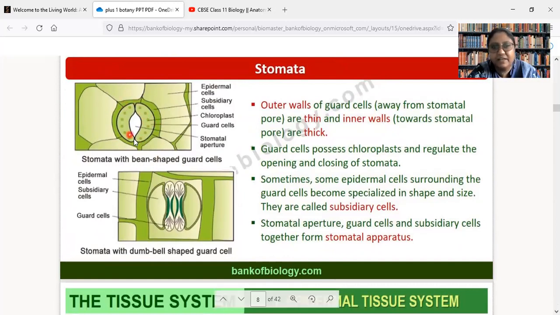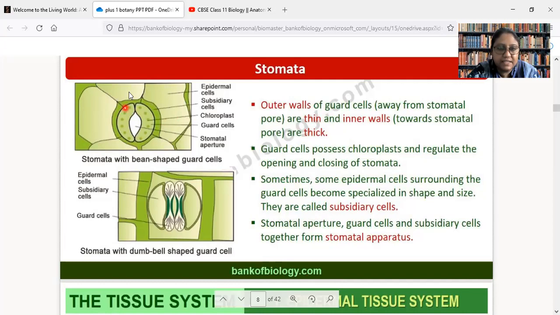The guard cells have walls. Stomata is the pore. The guard cells have a thin wall on the outside and a thick wall on the inside. Due to this unequal thickness of the wall, the moment they absorb water and swell, or we use the word turgid condition, the stomata is open.